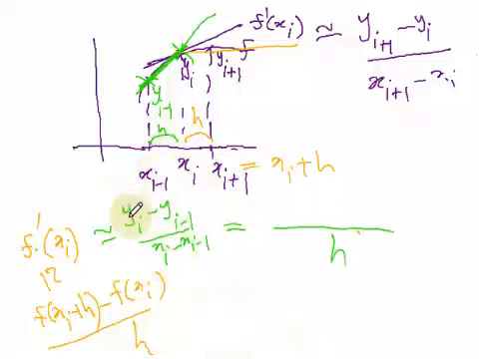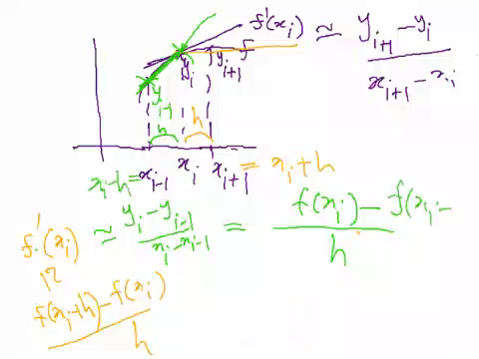This is f of x sub i. You can write this point in terms of x sub i, which is x sub i minus h, because this gap is h, and f of x sub i minus h. So this is called the backward approximation to this.